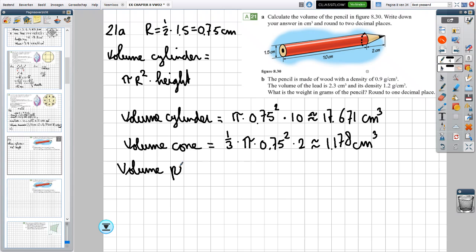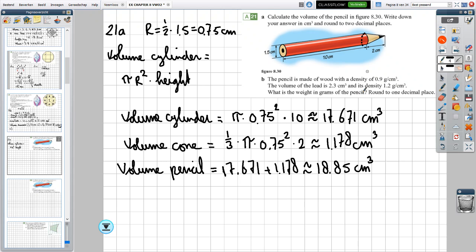So the volume of the pencil will be 17.671 plus 1.178, and again now I have to round. This will be around 18.85, because they want 2 decimal places, cubic centimeters, because we're talking about centimeters.